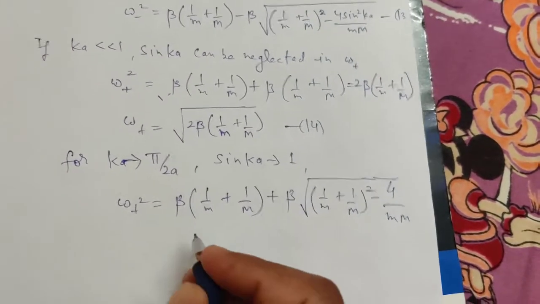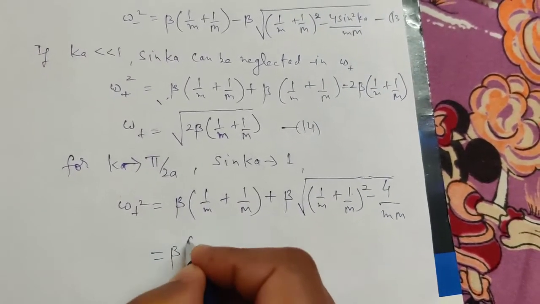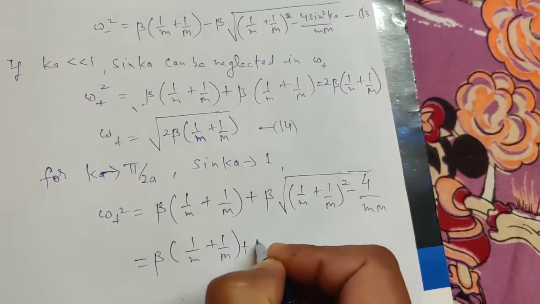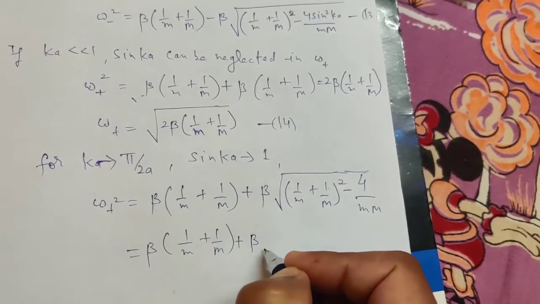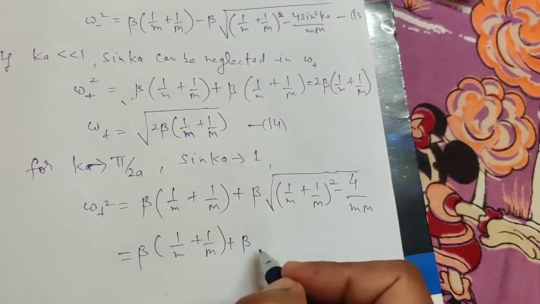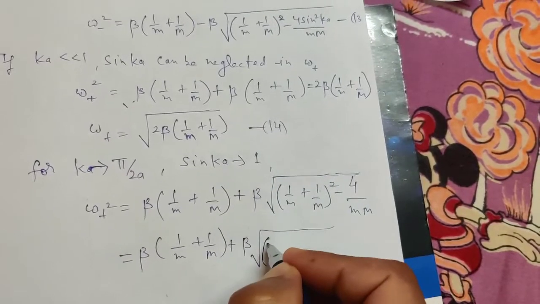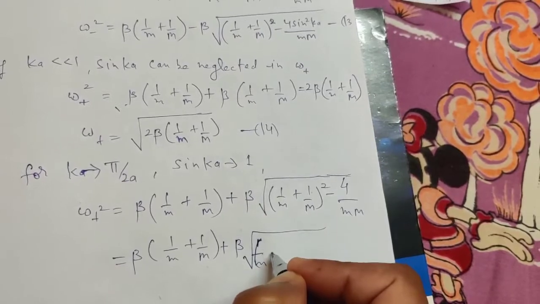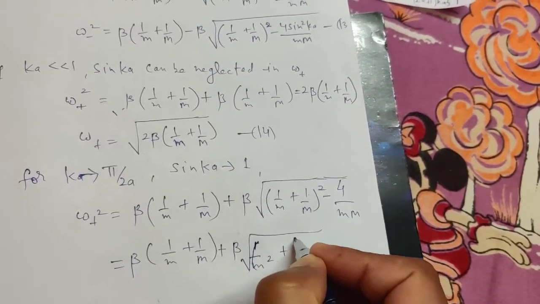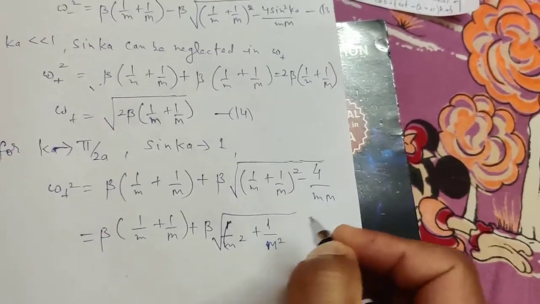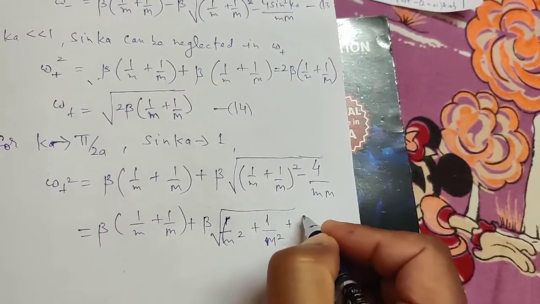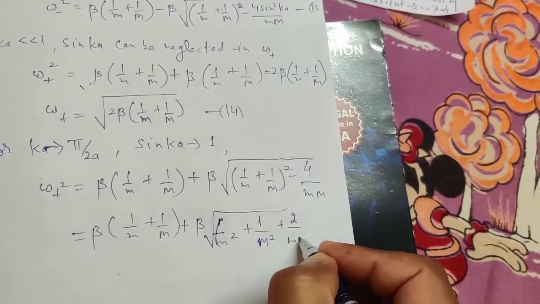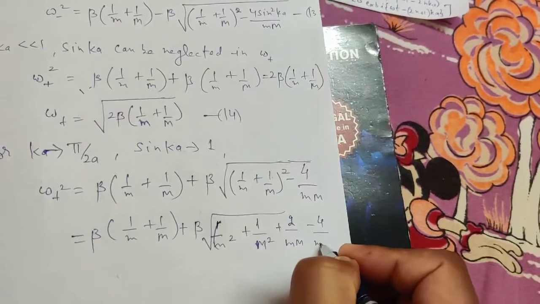So now if we solve this, this will be beta by m plus 1 by capital M plus beta, this will be whole square, so let us expand it: 1 by small m square plus 1 by capital M square plus 1 by 2 ab, this will be 2 by mM.